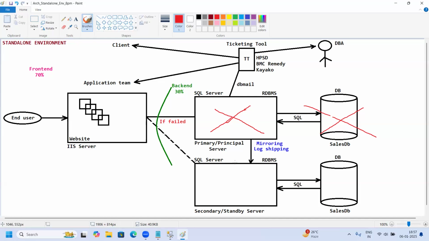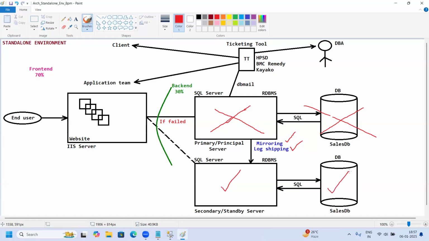They both are connected through mirroring or log shipping. What will happen? When this primary server was storing data, parallelly, that data was recorded here as well.